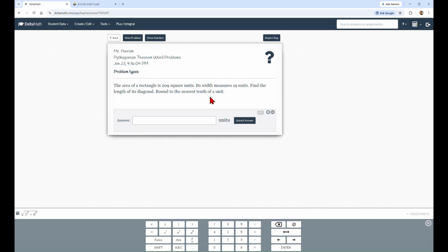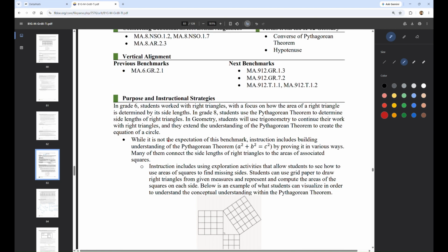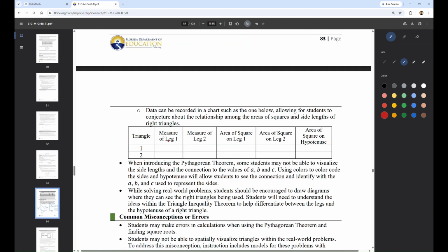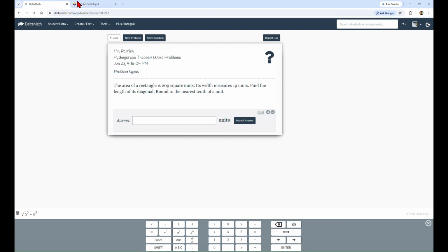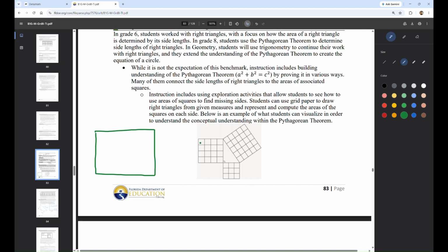So the first thing you want to do is draw this out. Let's get our space back. I think we can draw it here. We have enough room. So we have our rectangle. And it said the width is 19 units.